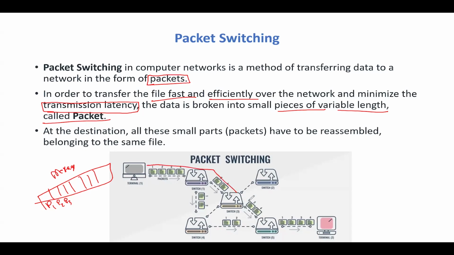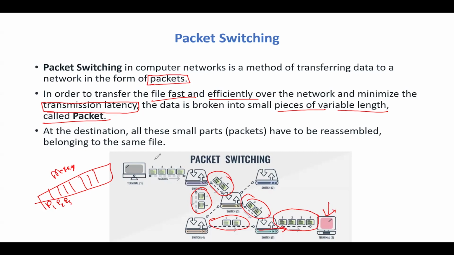As you can see in this image, 3, 4 is going in this network. 1, 2 is going in this network, and then 1, 2 has come over here, and then it has reached the destination. Similarly, 3, 4 has taken a different path. It has come over here, and while it is reaching the destination, it has been arranged, and then it has been sent to the destination. So that is how packet switching works.